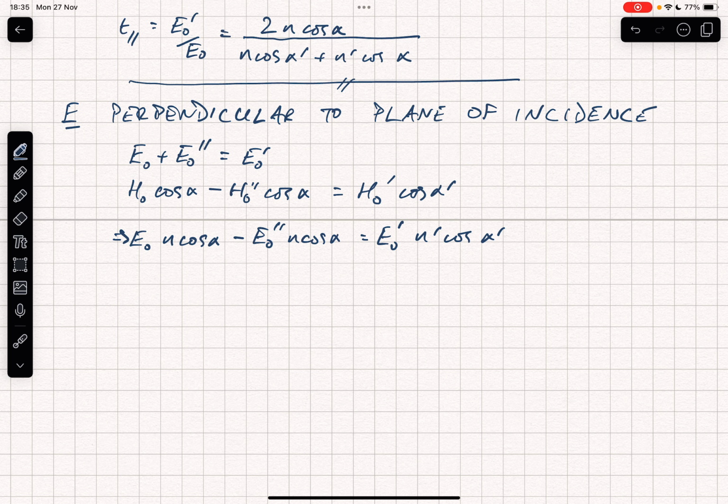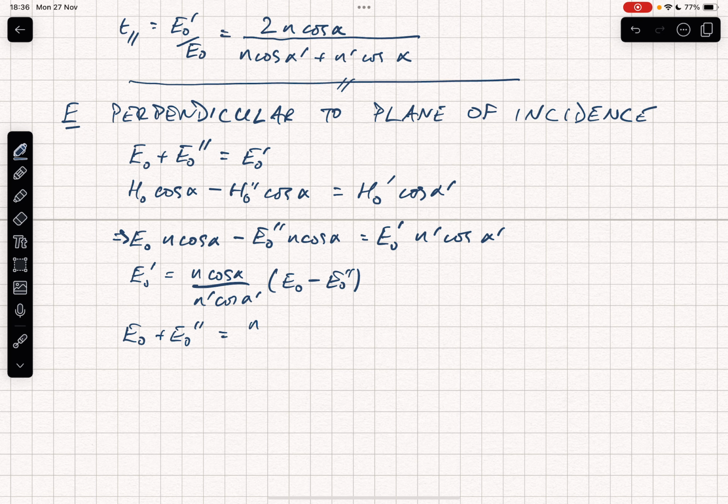So we can rearrange that for E0 prime. So E0 prime is equal to n cos alpha over n prime cos alpha prime into E0 minus E0 double prime. And then we can substitute that back into the equation above. And so we find that E0 plus E0 double prime is equal to n cos alpha over n prime cos alpha prime E0 minus E0 double prime.